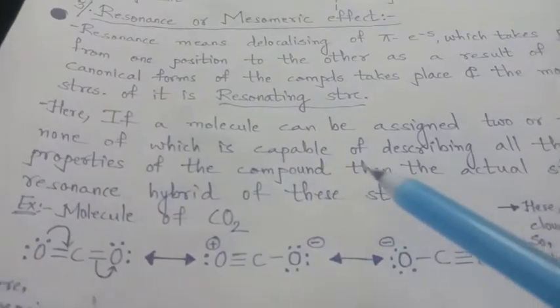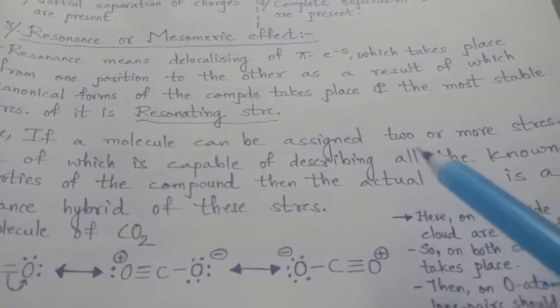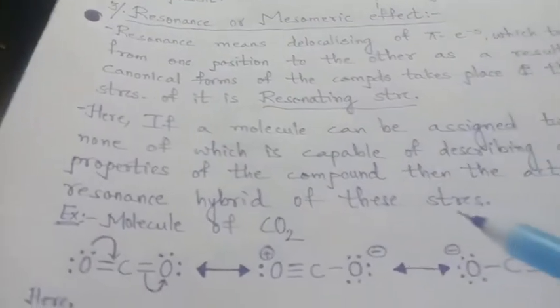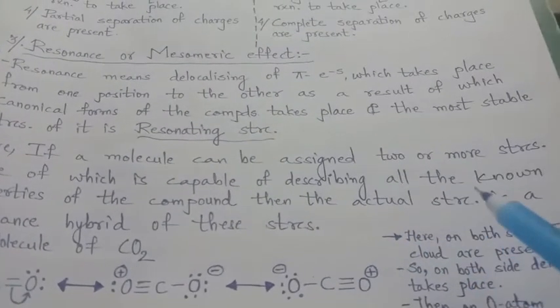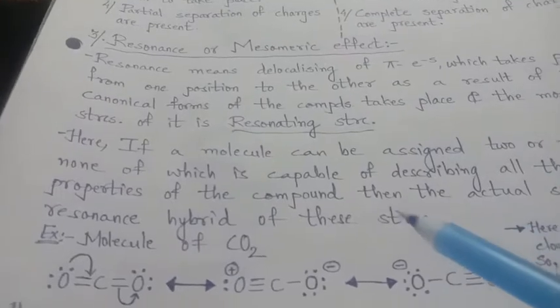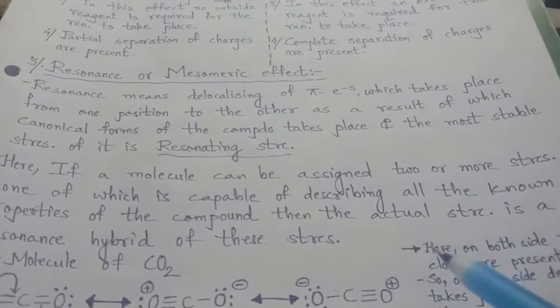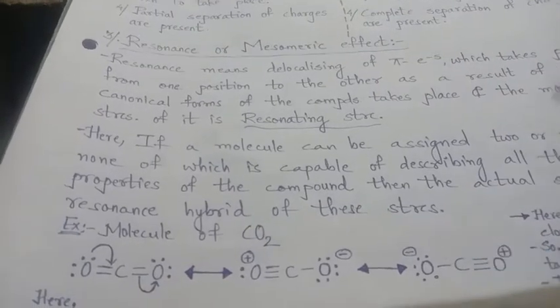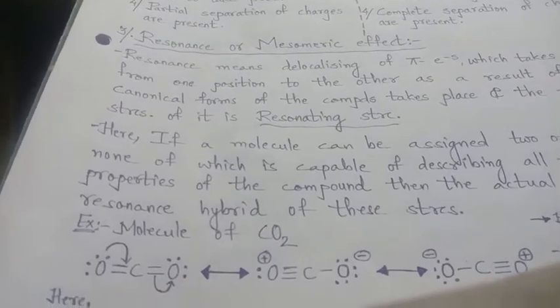So here, if a molecule can be assigned two or more structures, none of which is capable of describing all the known properties of the compound, then the actual structure is a resonance hybrid of these structures. What does this mean?